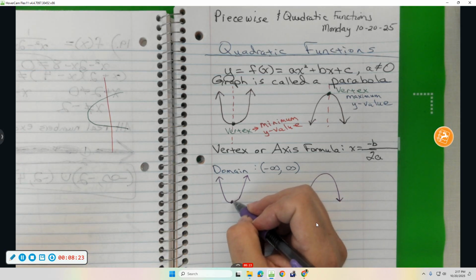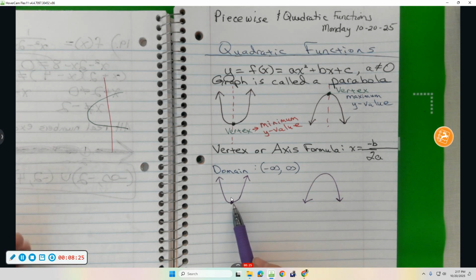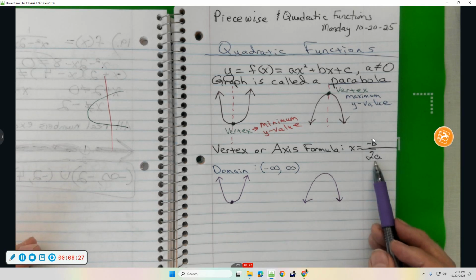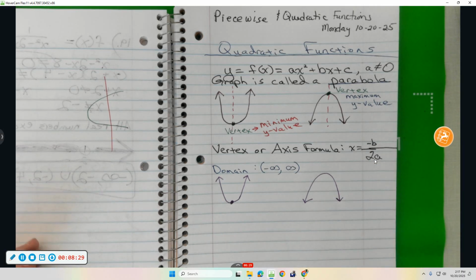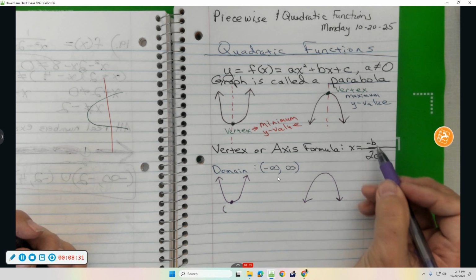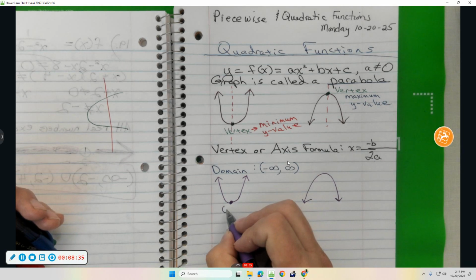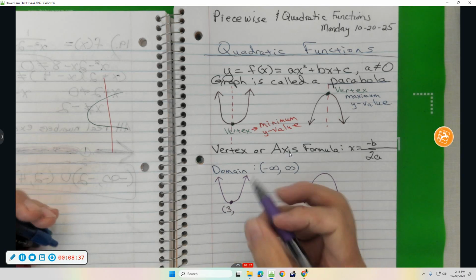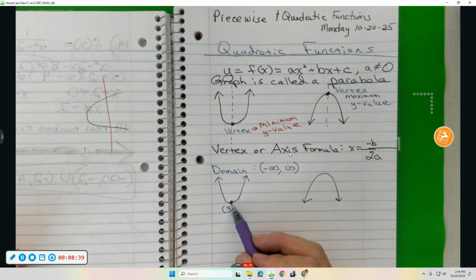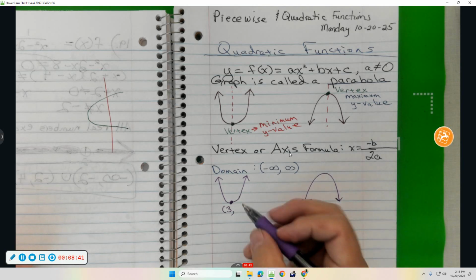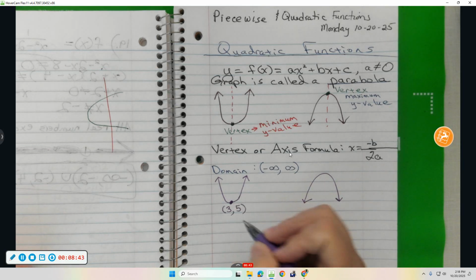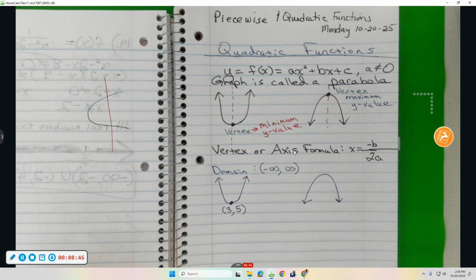Let's say this vertex, suppose we use our little vertex formula and we get negative b over 2a, and that reduces to, let's just say, 3. You plug 3 in and it gives you a y value, let's say 5. I'm just making up the numbers.